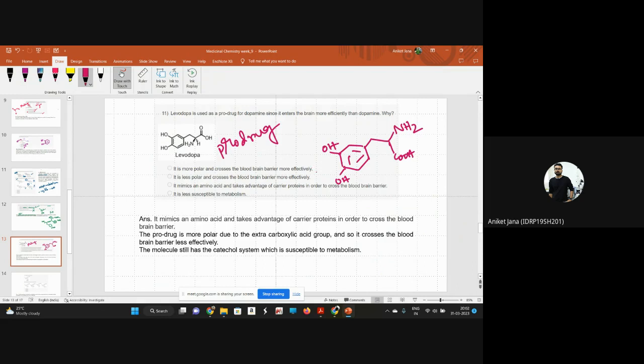Is this so? No. It is less polar and crosses the blood-brain barrier more effectively. Is it true? No. And it is less susceptible to metabolism. Is this the case with the prodrug?